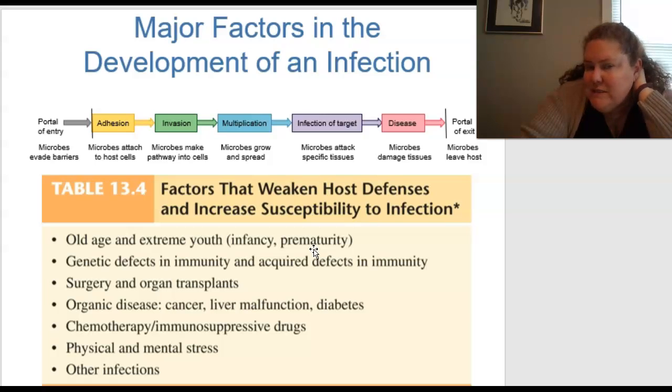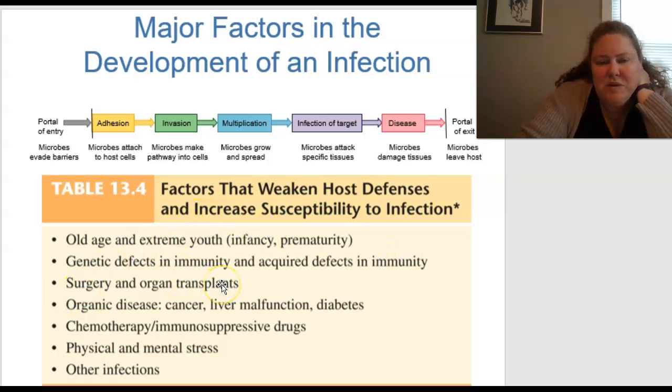What about genetic defects in immunity and acquired defects in immunity? Think about if you're immunocompromised, you're not going to have that immune system to be fighting off these guys. Or if you have acquired defects in immunity like AIDS, you're not going to be able to fight off these normal infections.